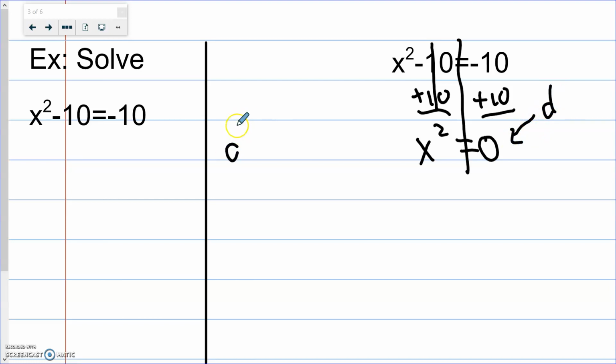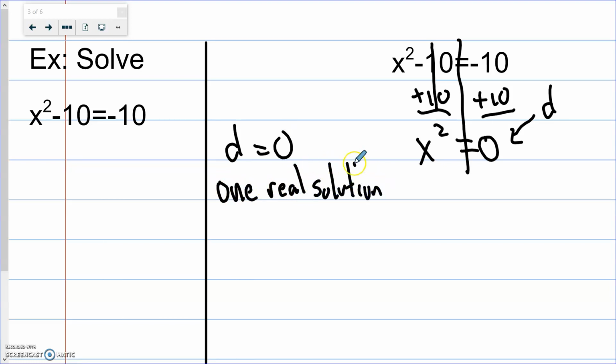Since d is equal to 0, we know we have 1 real solution. We take the square root of both sides. We get x equals 0.